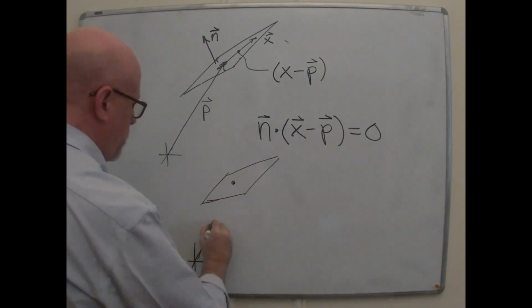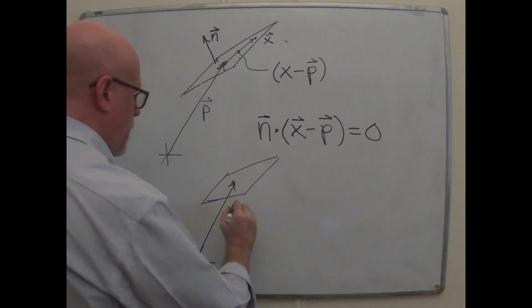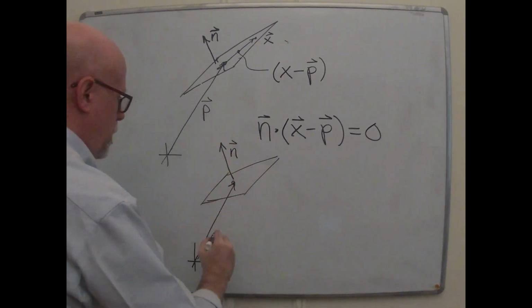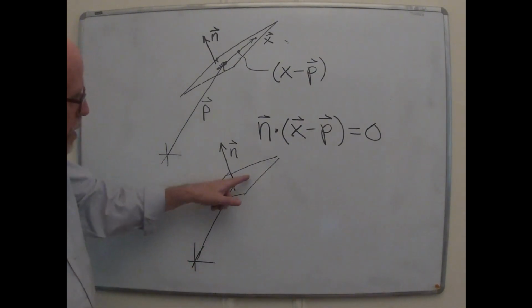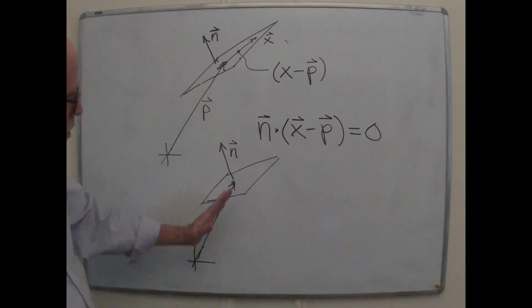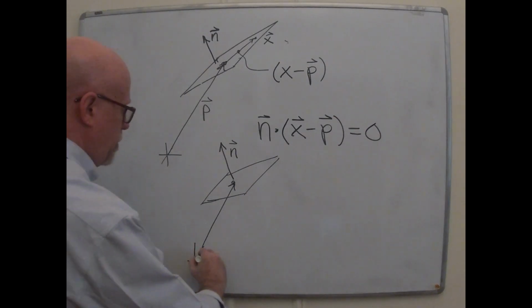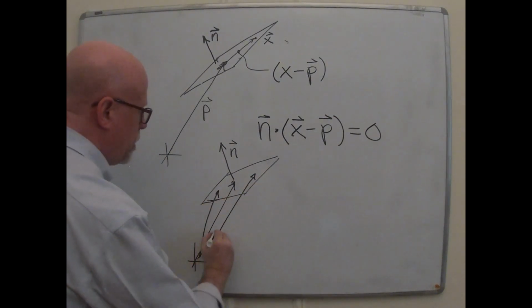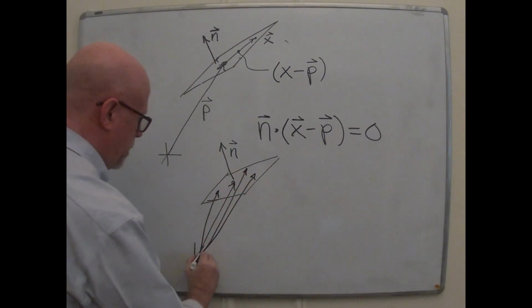So we've got a vector p that comes out to that, and there's the normal vector, just like there was before. But what I want to do is think of this plane as a collection of the tips of vectors. There's a whole bunch of vectors whose tips lie in that plane.